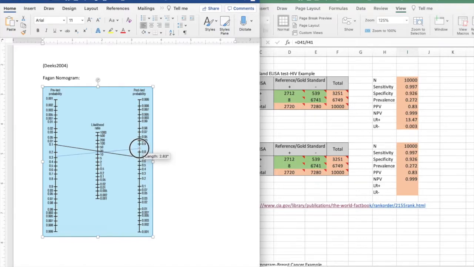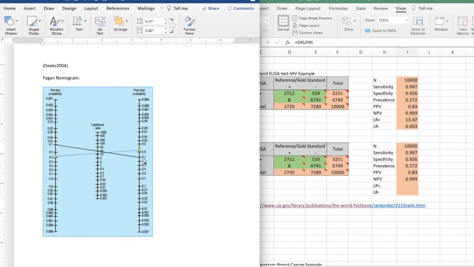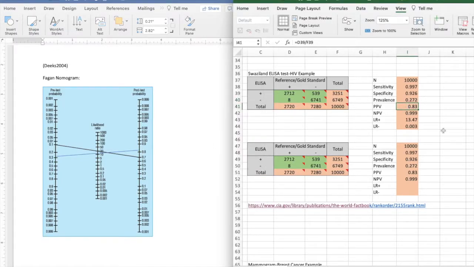And somewhere like that, right? And where does that put me? Post-test probability, right about there. That looks like about 0.83, does it not? Hey, that's super darn close to our positive predictive value.